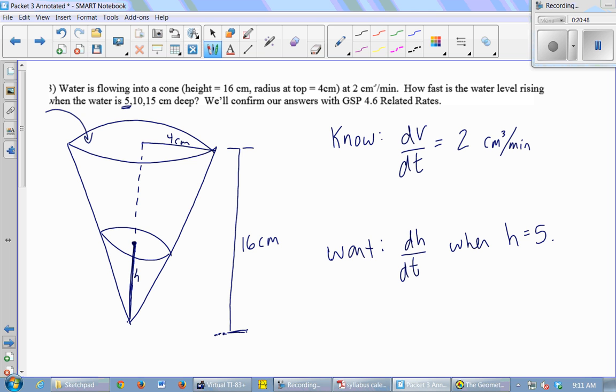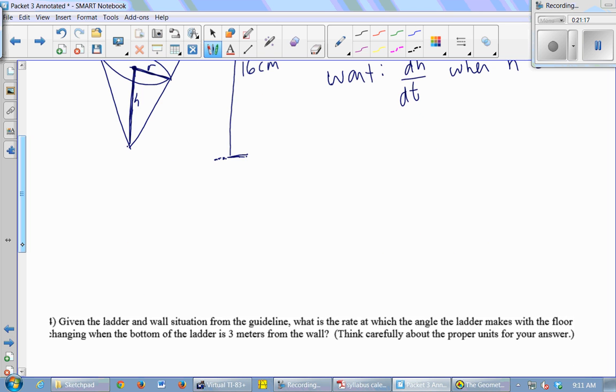Okay, so I have some important quantities here, V and H. Can I relate my important quantities in this picture somehow? Let's call this guy R. We don't know what that is. The volume of a cone would be what? I can't remember either.